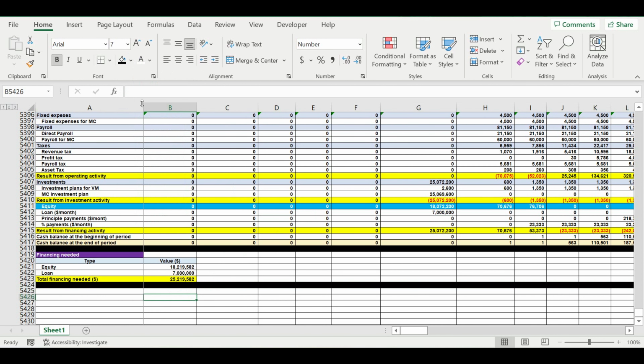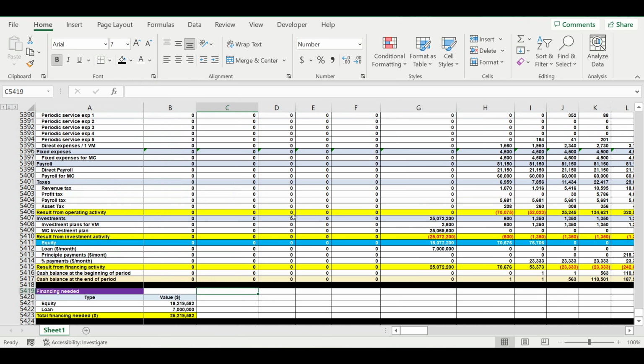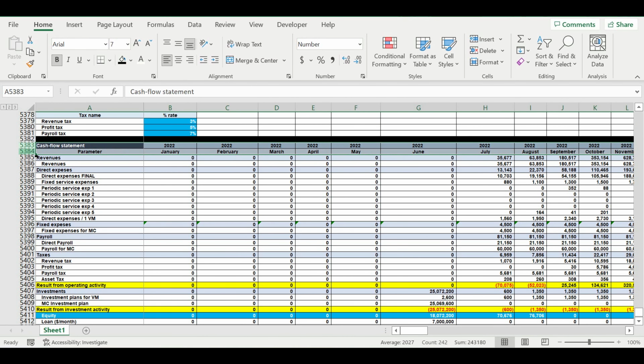So this was the manual way to calculate the amount of financing.